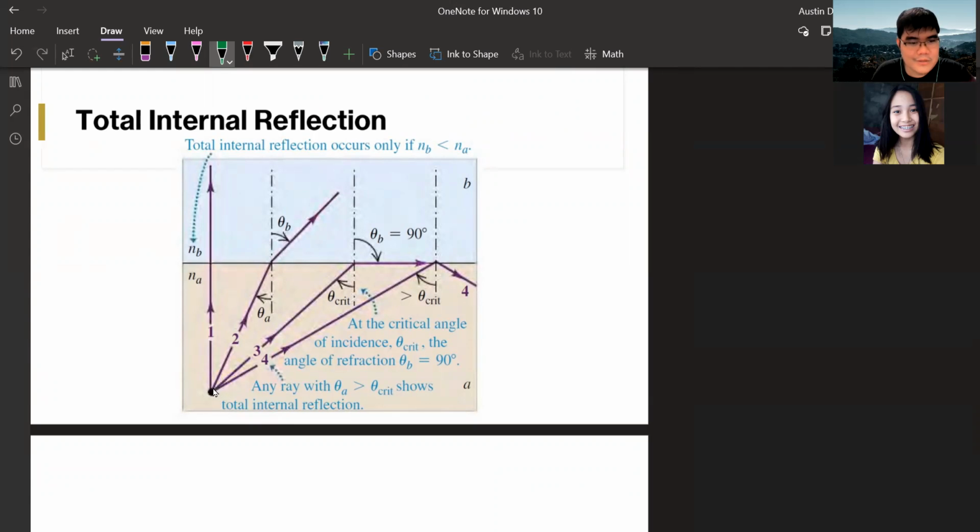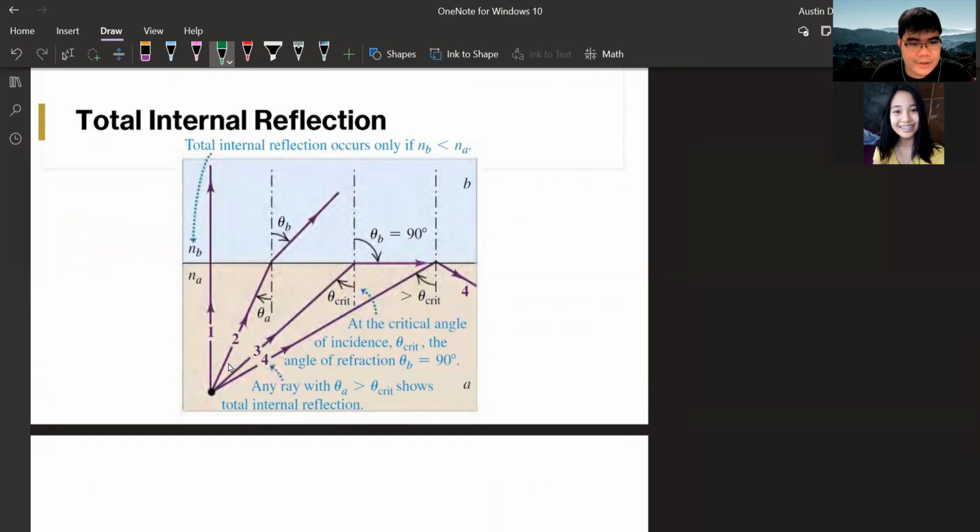Okay, so kapag umangle na tayo ngayon ng onte, si number 2, umangle tayo ng onte by amount of theta A, then we know that when NA, itong medium dito, mas mataas index of refraction niya kaysa dito, ang mangyayari, goes away from the normal yung refracted ray mo. Okay?